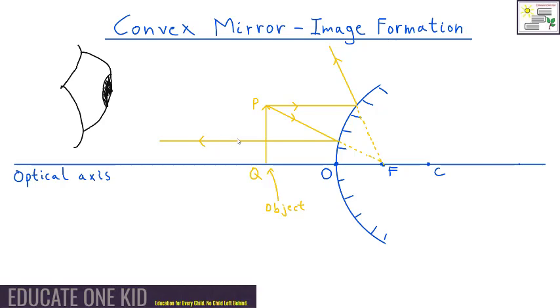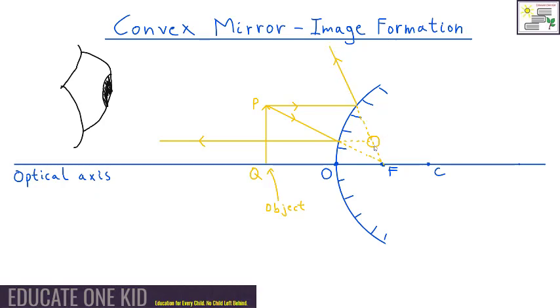Notice that if I extend this parallel line here, if I draw it in using a dashed line like this, notice that it crosses the dashed line that extends this light ray here.